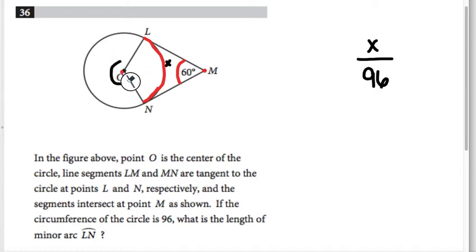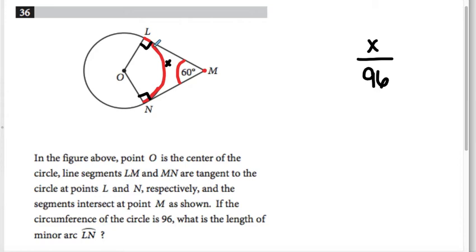Well, how do I find that angle called the central angle? These two lines are said to be tangent to the circle, and OL and ON are radii. The radius to tangent theorem basically says that they meet at a right angle.